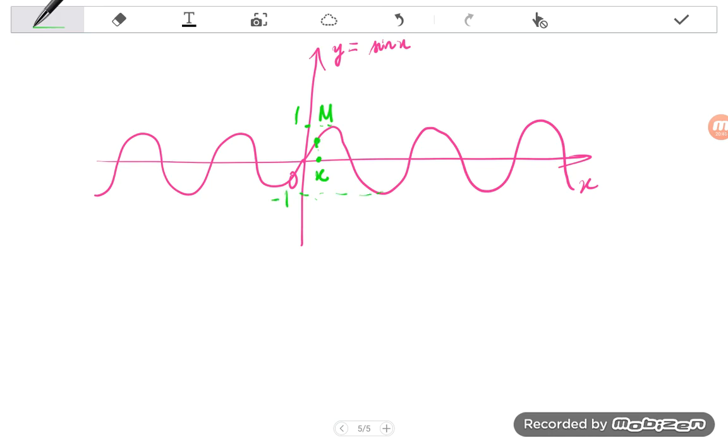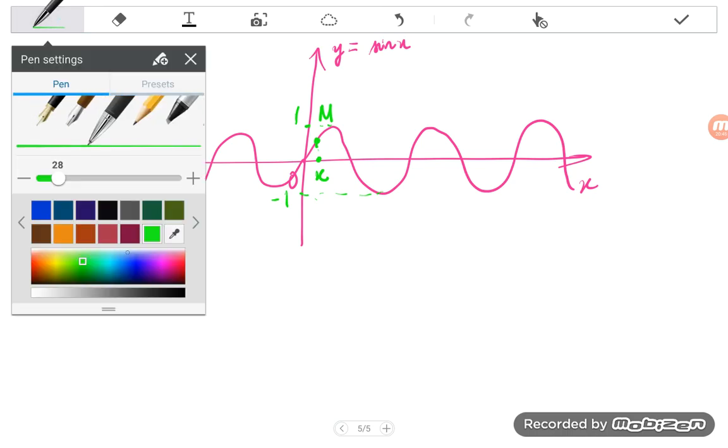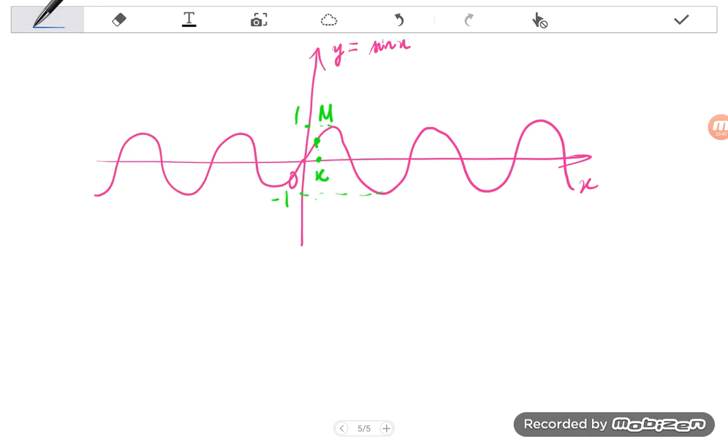And you can see y here has the value psi x.